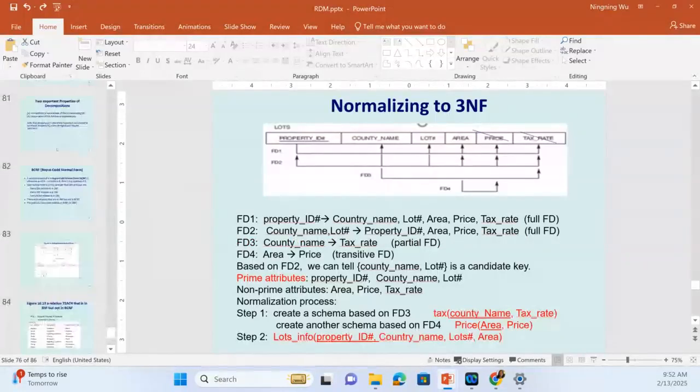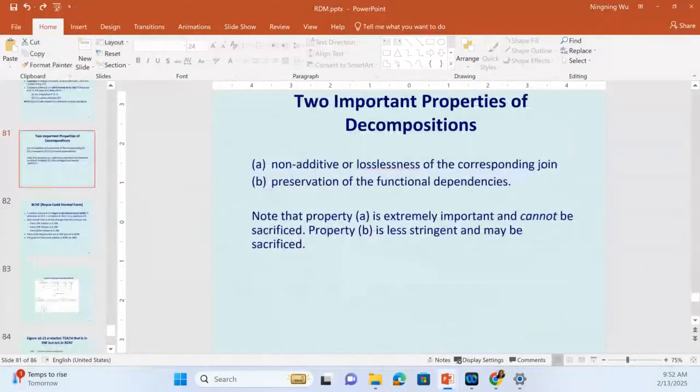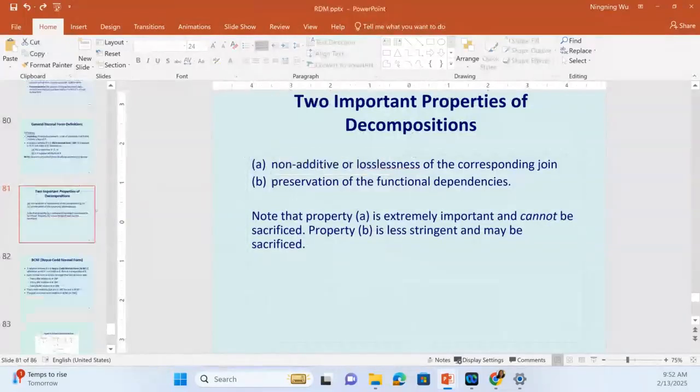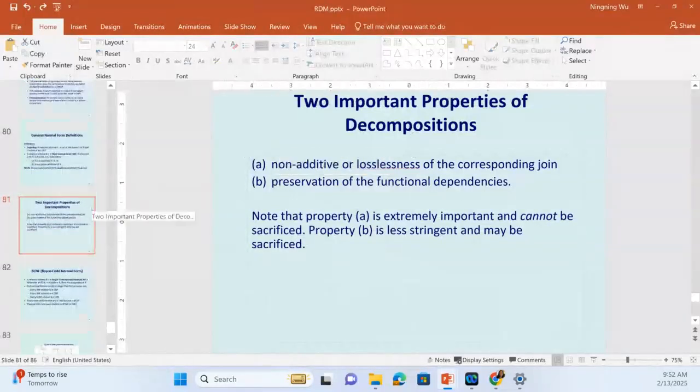So it's called non-additive or lossless join. Also, sometimes we want to try to preserve the functional dependency. The functional dependency really describes the relationship between two sets of attributes. Some functional dependencies are derived from the semantics and the relationship of the two attributes.